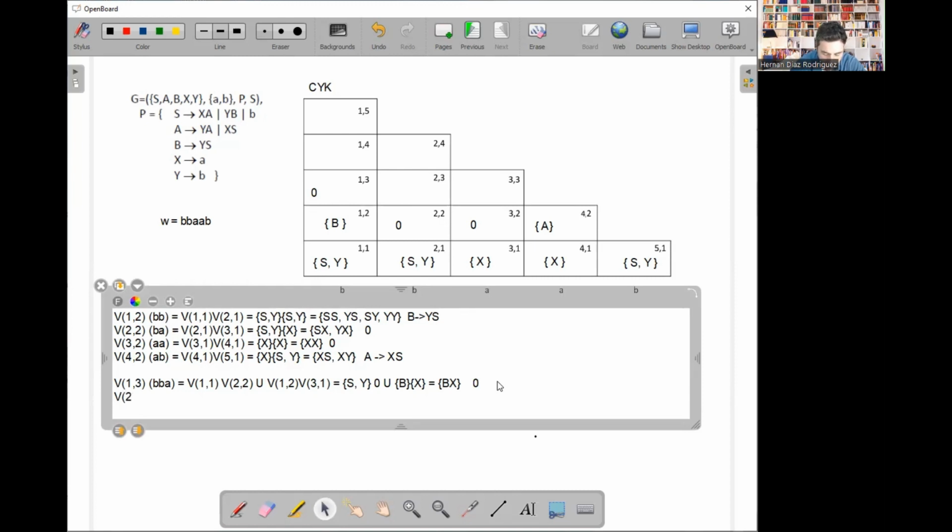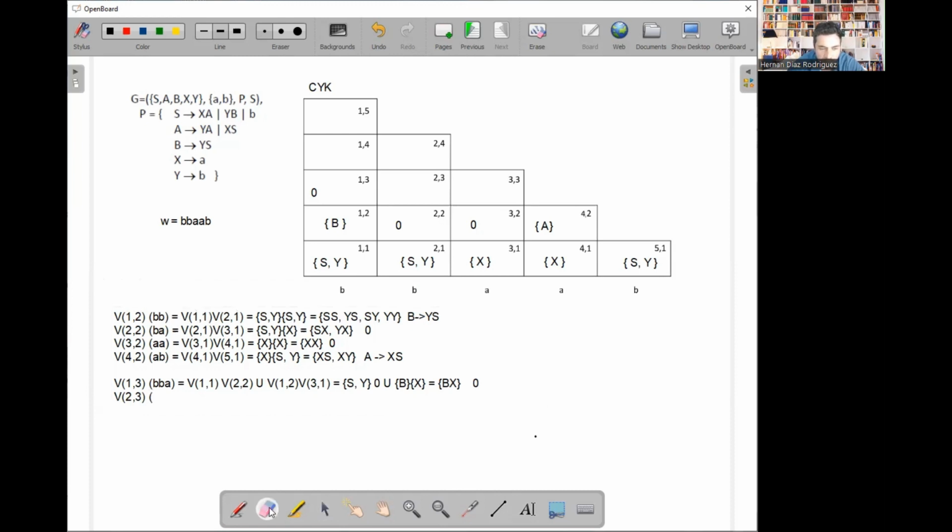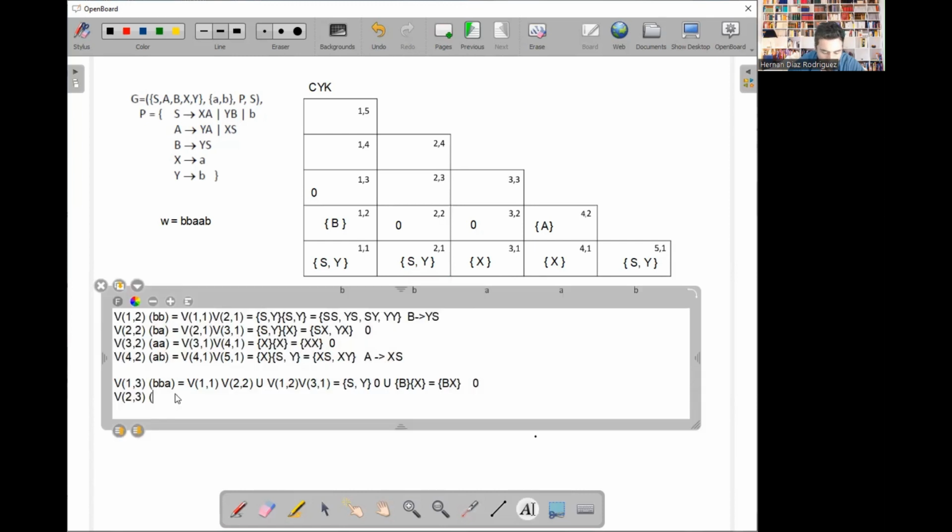which is 2, 3. And here we position ourselves in the second character, and we take 3 characters. So it is BAA. And again, we have two possible combinations to achieve this with Chomsky normal form. One is taking the first character, which is in the second position with only one character, and taking two other characters, which will be the third position, taking two characters.